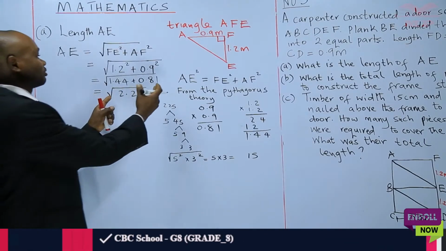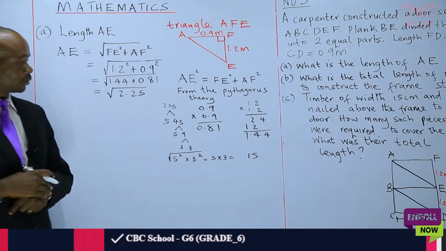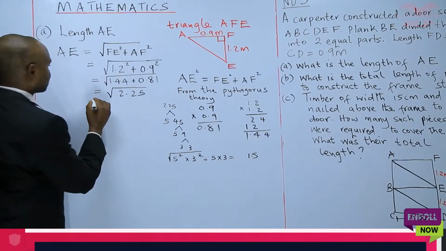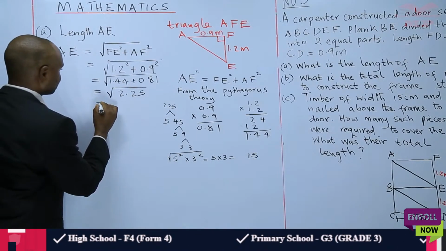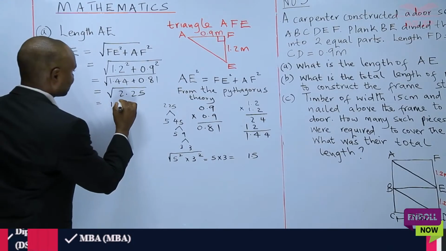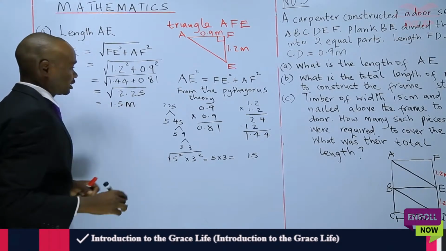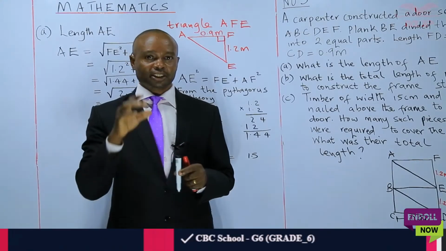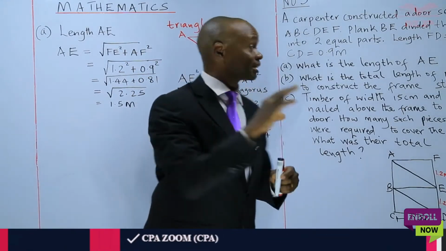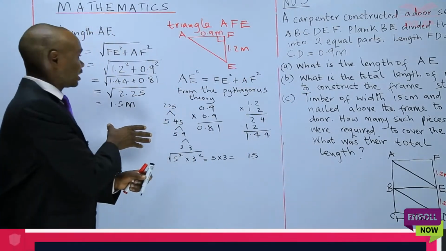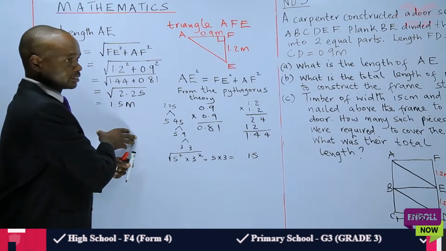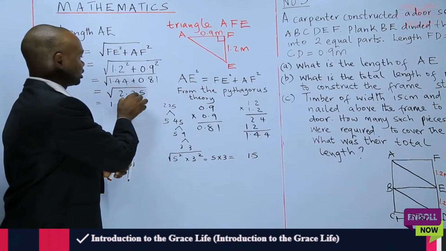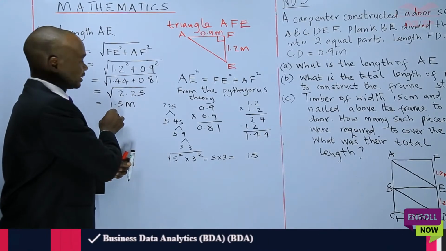If it had 4 decimal places, the answer will have 2 decimal places. So that will give 1.5. So that works to 1.5 meters. I've already got the length of AE. So there are steps there which you should be very careful about when you are working the square root. If in that number you had 2, the answer has 1.